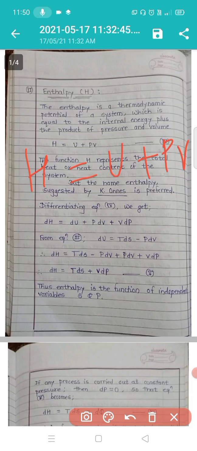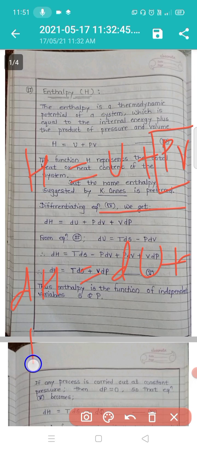Then differentiating this equation, we get dH = dU + ... Here there is a product of pressure and volume, hence we differentiate it by keeping P constant and differentiating the volume, then keeping the volume constant and differentiating the pressure. Understood?